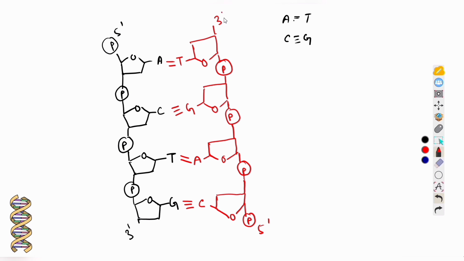This is again the 3' end. See, this is the 5' end. This is the 3' end. And here, this is the 5' end. So these are the two strands of DNA. And these two strands of DNA remain in a twisted form in this fashion.